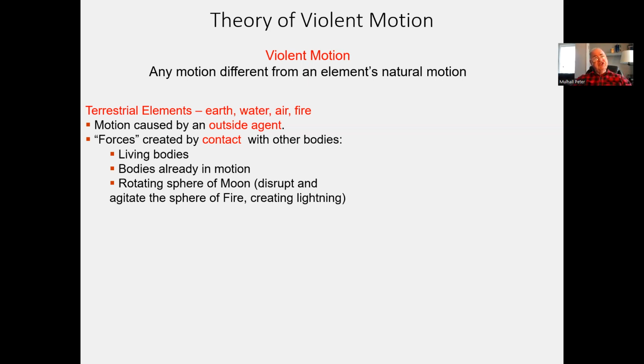And notice how static Aristotle's universe is. If it wasn't for this explanation of the rotating sphere of the moon stirring up the ring of fire, which therefore is kind of stirring up everything else, notice that otherwise everything in the world, the earth, air, fire, and water, would all seek its natural place and have no reason to move.